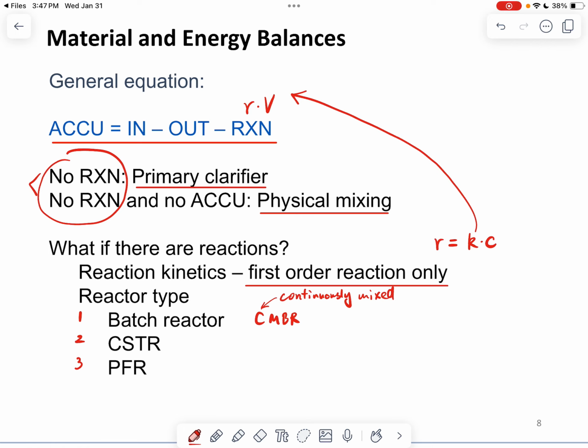Okay, so the second one is the CSTR, the continuously stirred tank reactor. Okay, so the third one is the PFR, the plug flow reactor. So we'll cover these three reactors one by one, okay?